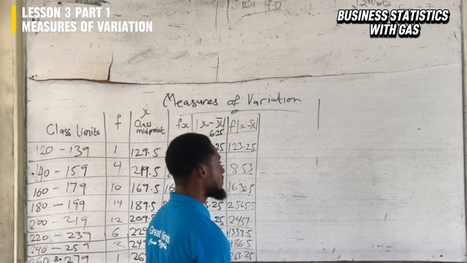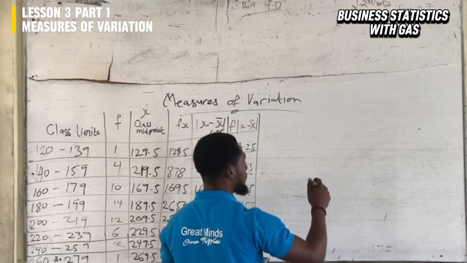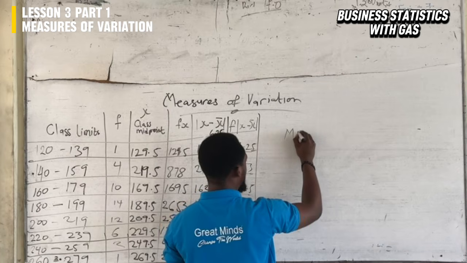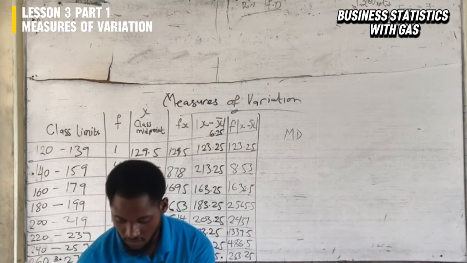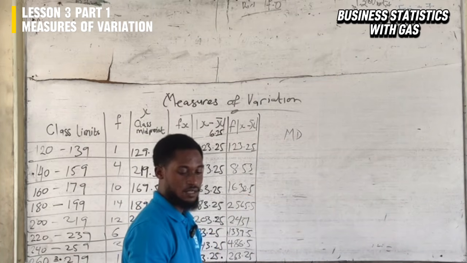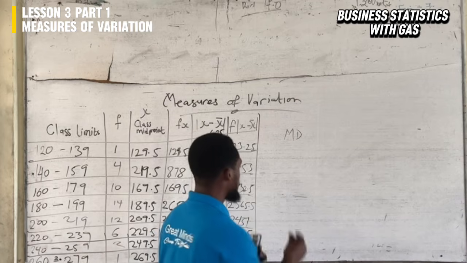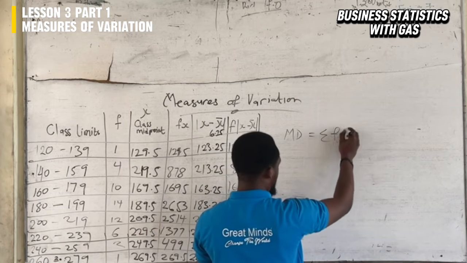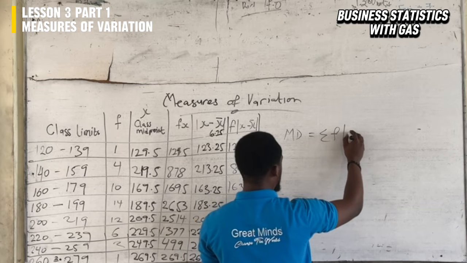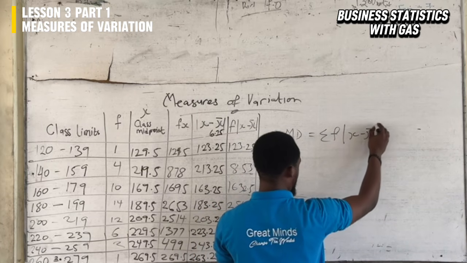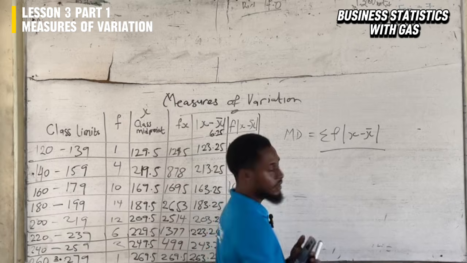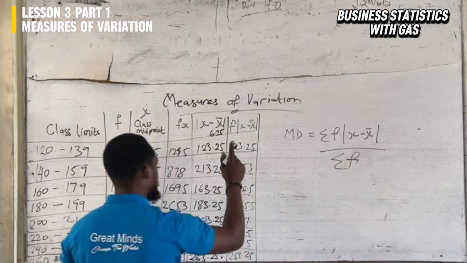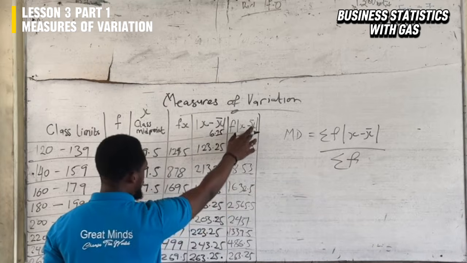The formula for mean deviation from grouped data is MD equals sigma f, absolute deviation, divided by sigma f. This sigma f absolute deviation is what we did here.